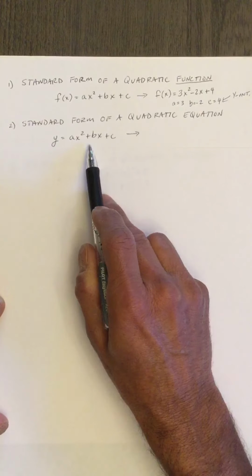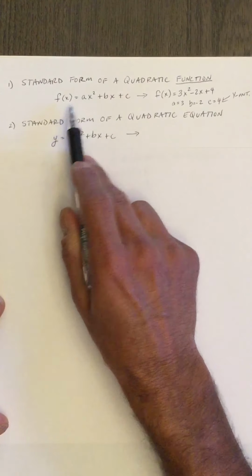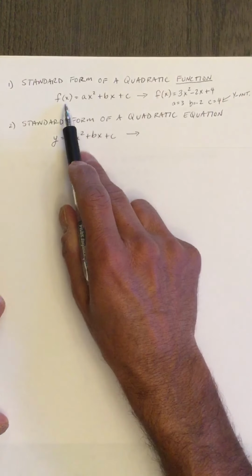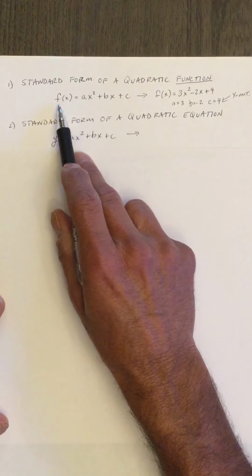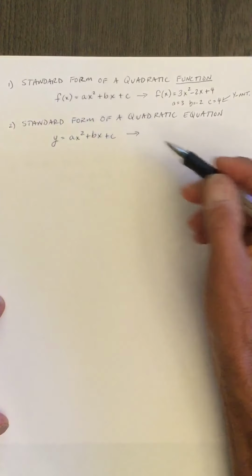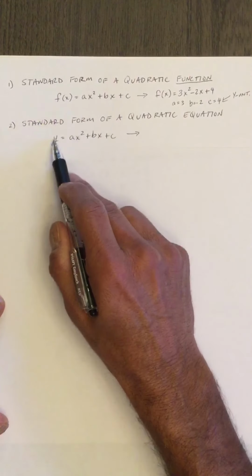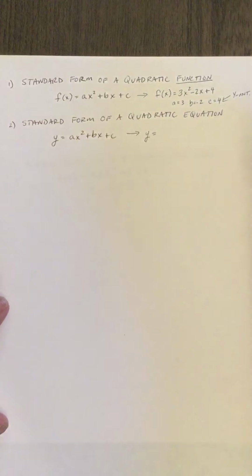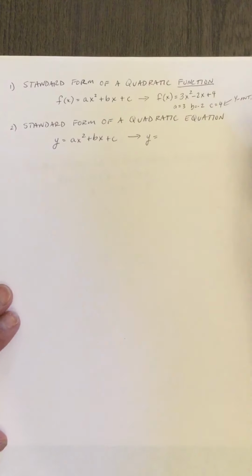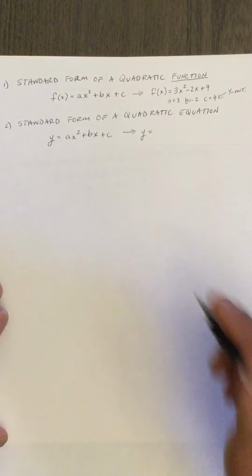That's what standard form is, okay? I can write it as a function if I put a letter like f of x or g of x or y of x, okay? Or if I just change this to a y, I can write an equation, a quadratic equation, okay?